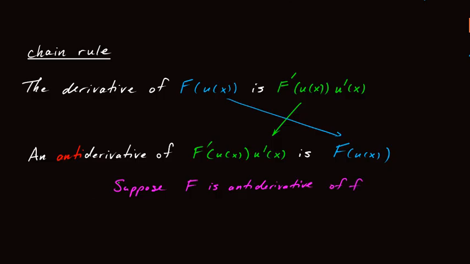Then I can rewrite this statement above, and I can replace this f prime with a little f. That's because when I say capital F is the antiderivative, that means F prime is equal to f. So instead of writing F prime there, I can write that. So that says the antiderivative of this is this, provided F is an antiderivative of f. So this is the basic fact that leads us to the method of substitution.